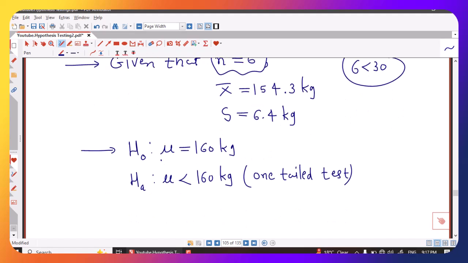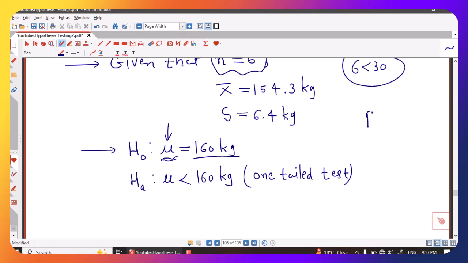Here we are given the population mean in the null hypothesis. We want to test the null hypothesis that mean breaking strength of all the bricks in the population is 160 kg.